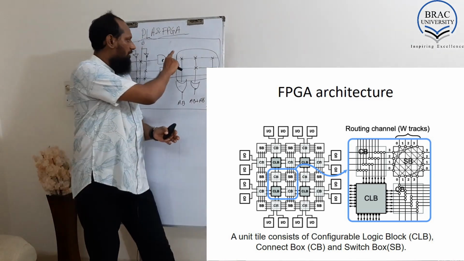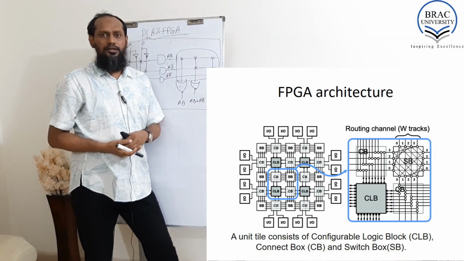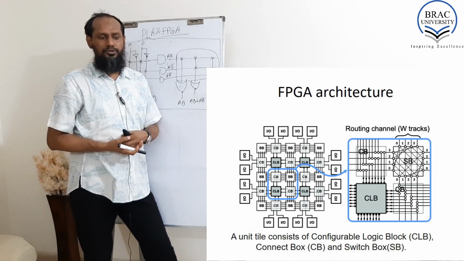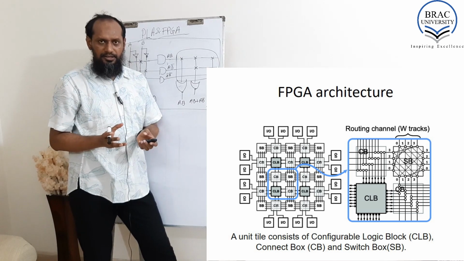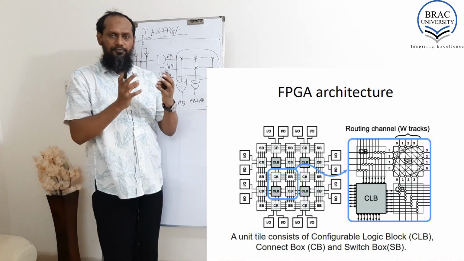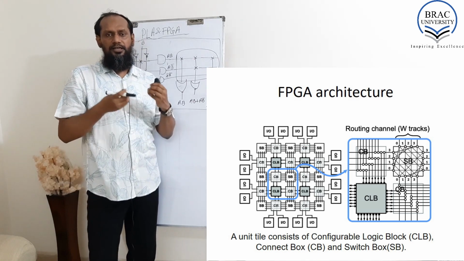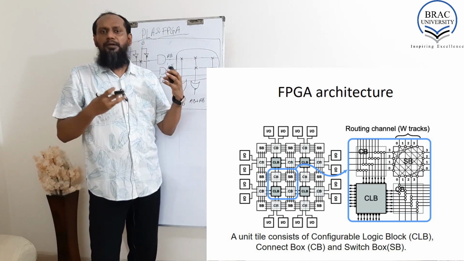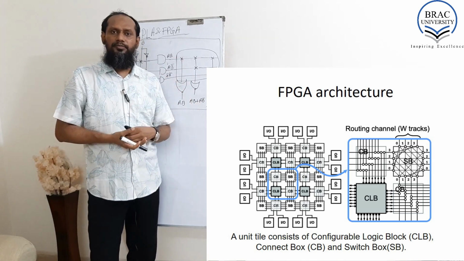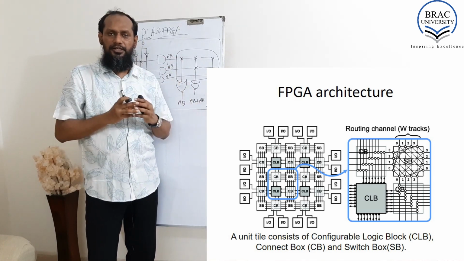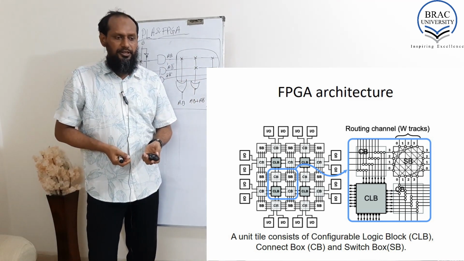Switch box means which connection will be turned on and off. This logic can be implemented in the switch box. So FPGA is a device where different type of things can be used, like different type of logic circuits. In each block there is a different type of logic circuit, and they can be combined together. That is the concept of FPGA.